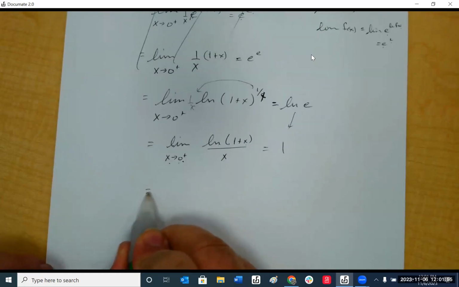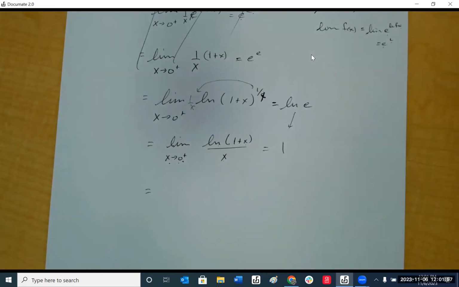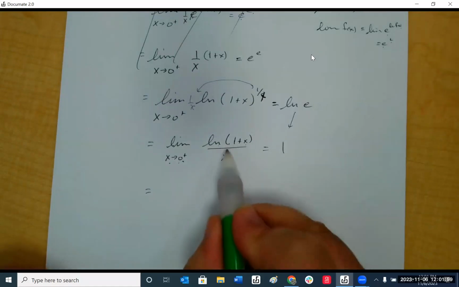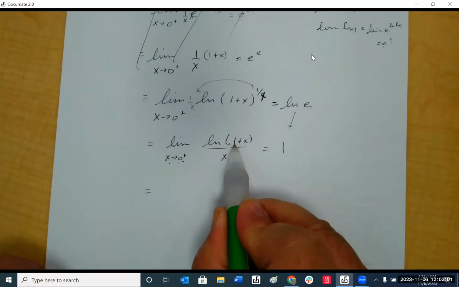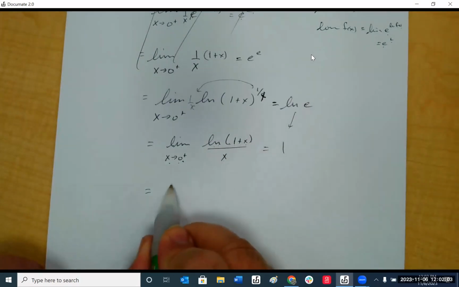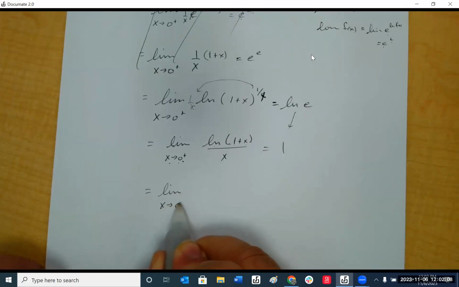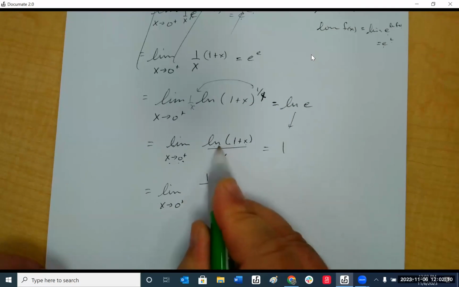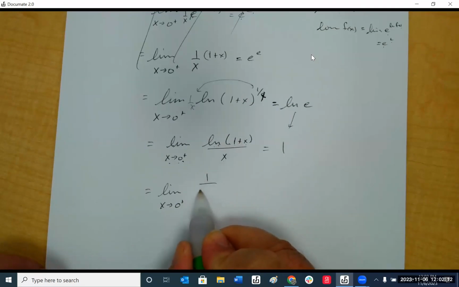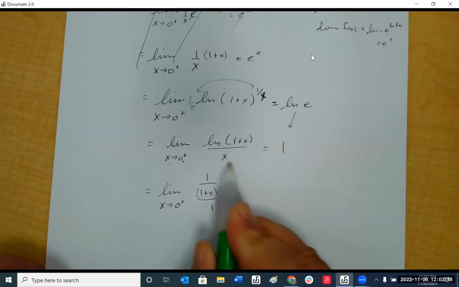So I take a derivative again. The derivative of ln of 1 plus x is, ln u is 1 over u du, which is just 1 over 1 plus x.